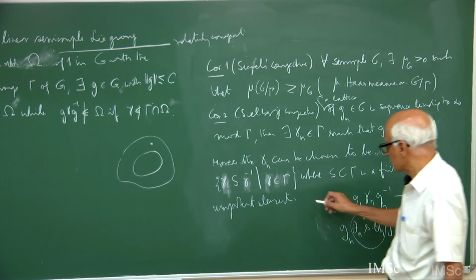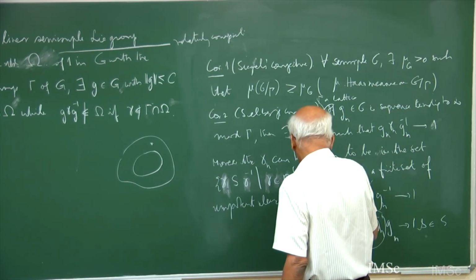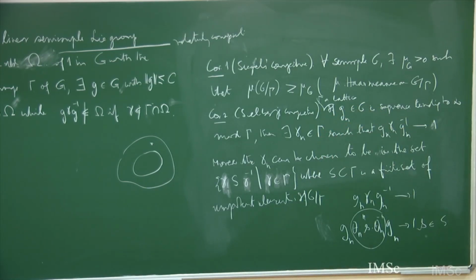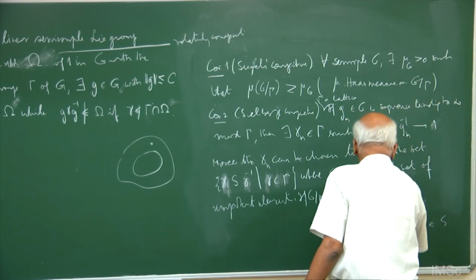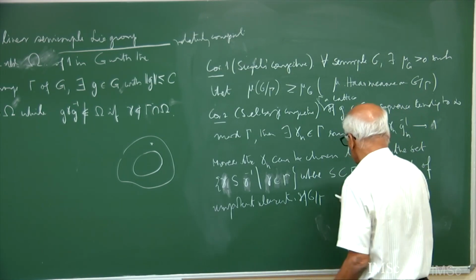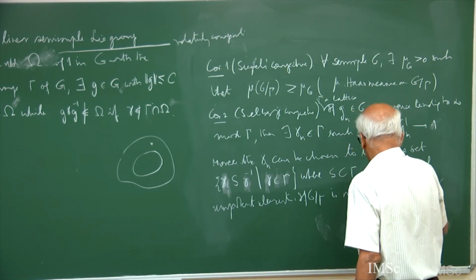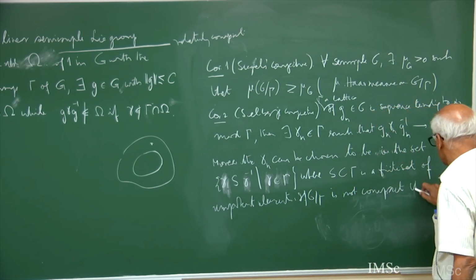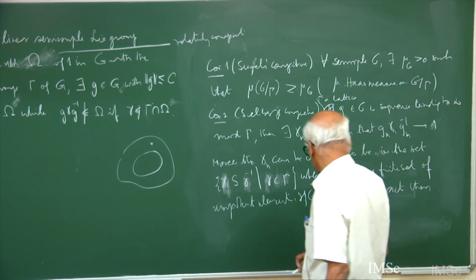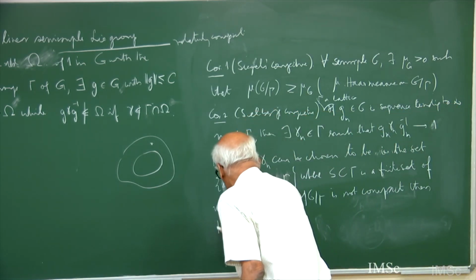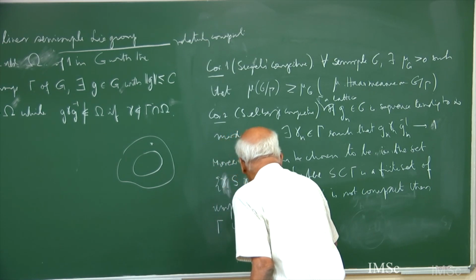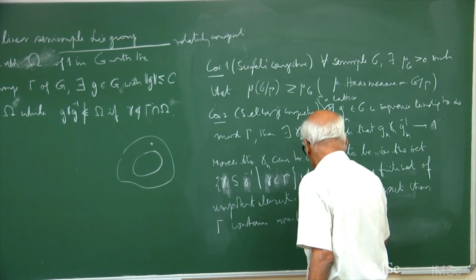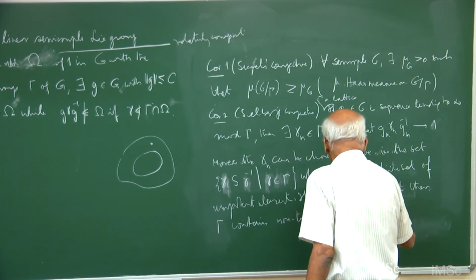Okay, so if G mod gamma is not compact, then gamma contains non-trivial unipotents.